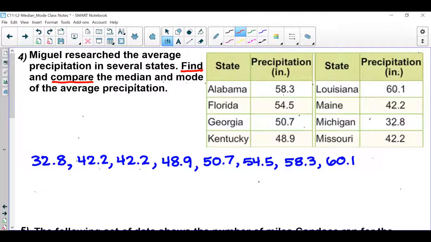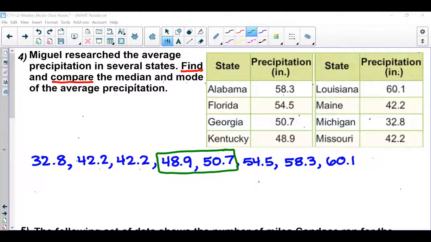Hop in again. 42.2 and 54.5, and then I have 2 right in here. I have 2 middle numbers and I need 1. So let's add these together, guys.